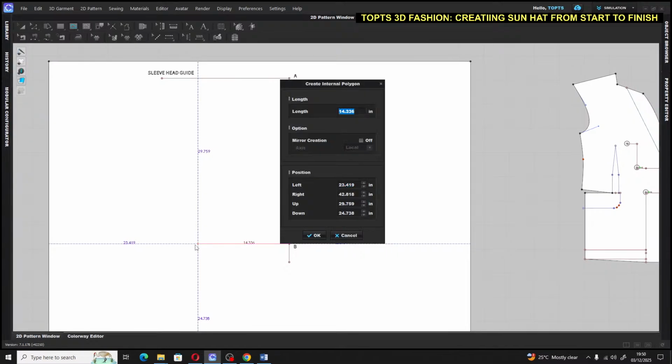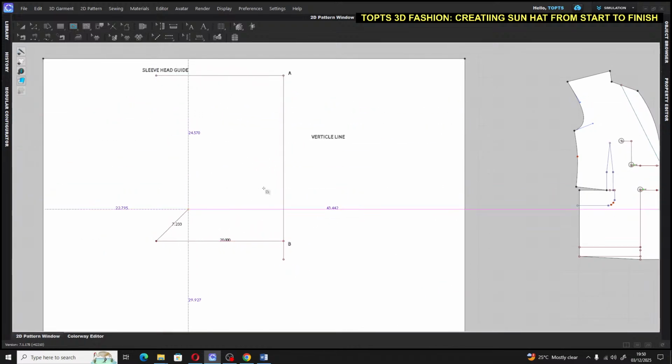So that one is just a matter of squaring. So these are our 2 lines, which is A to B, which is your sleeve length plus 0.5 sewing allowance, giving you a total of 27 inches.